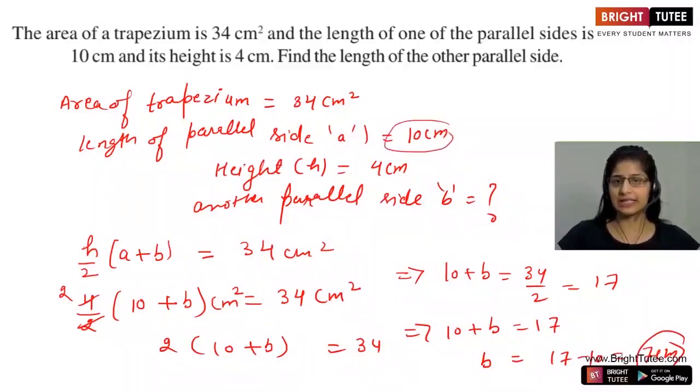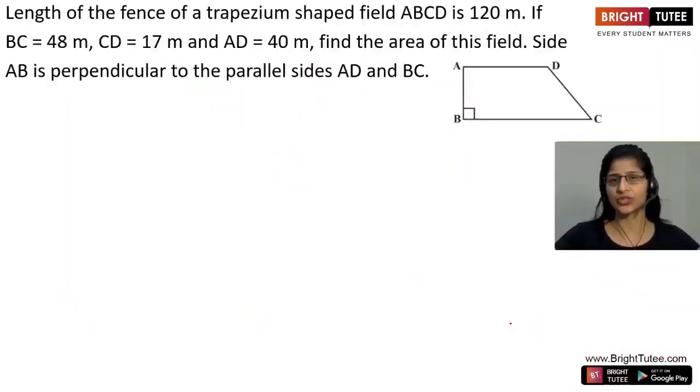One of the parallel sides is 10, another parallel side is 7. So using the formula of area of trapezium, half into height into the sum of parallel sides, we have calculated the second parallel side, that is 7 centimeter. Right? All clear?